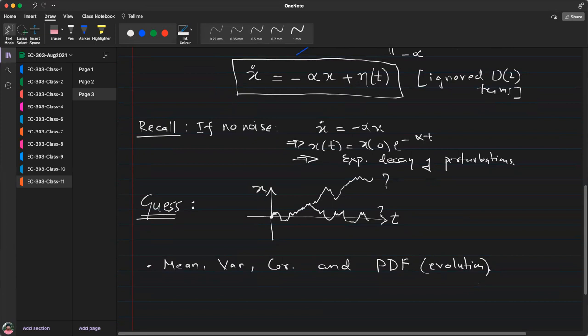Now it turns out that mathematicians do not like to write a stochastic process like this at all. What is the left hand side? The left hand side is a rate, dx by dt, a differential, right? It's a concept from calculus.